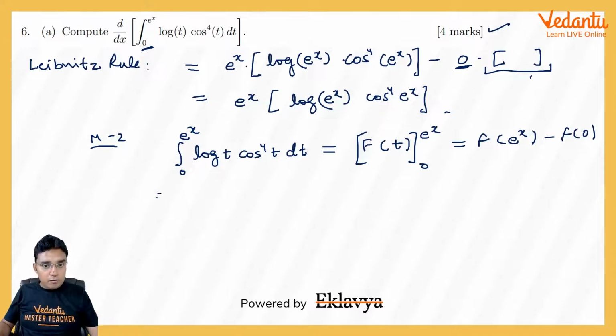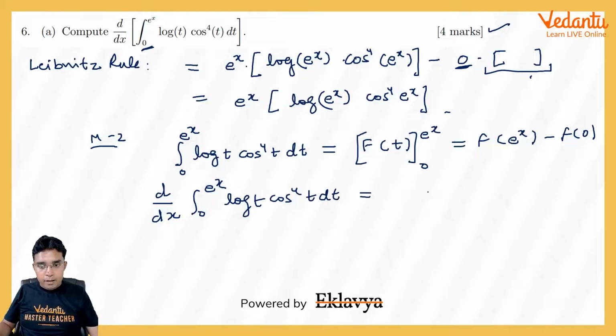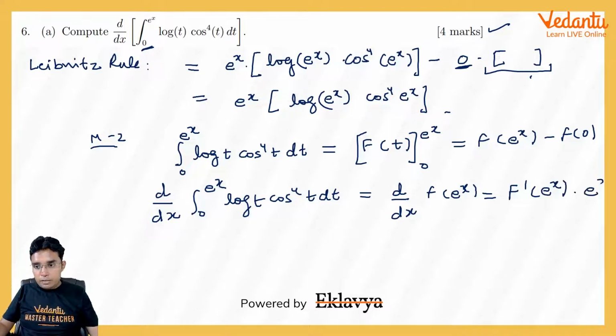Okay, now differentiation of this thing, d upon dx of the integral from 0 to e power x of log of t cos power 4t dt, it will be actually differentiation of F(e power x) only, because this will be constant. Whatever it is, it will be constant. So here it will become F dash e power x into e power x by chain rule.